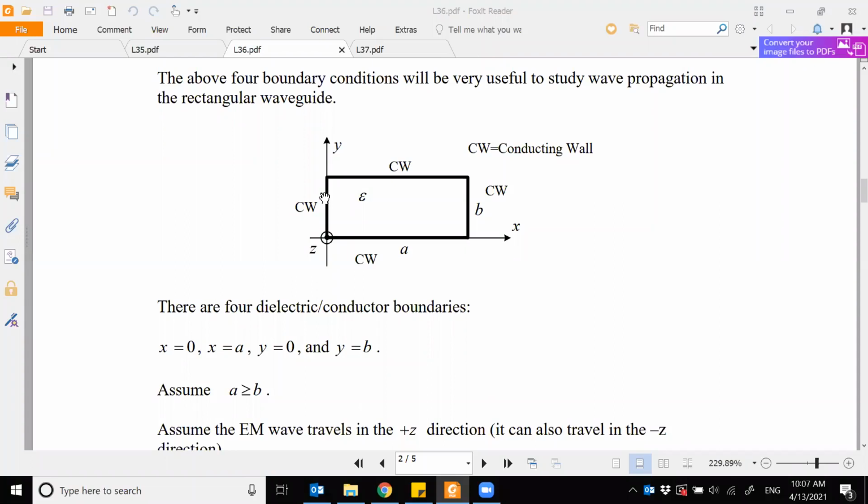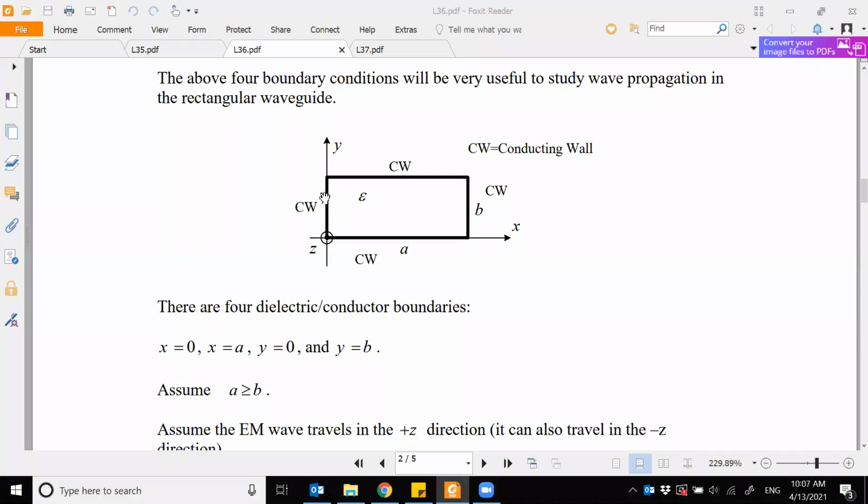Guys, remember, I will not go into too many details, but I want you to get a feel for how the problem statement is formulated, how it is solved, and what the electric and magnetic field components look like. We will go through the derivation quickly, but not in detail. And remember, in our exams, we don't ask the derivations.